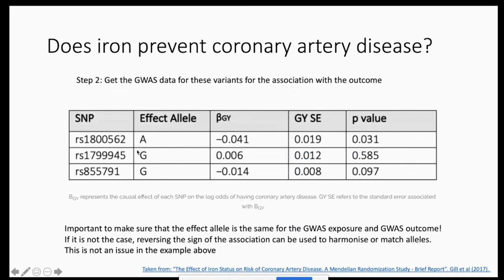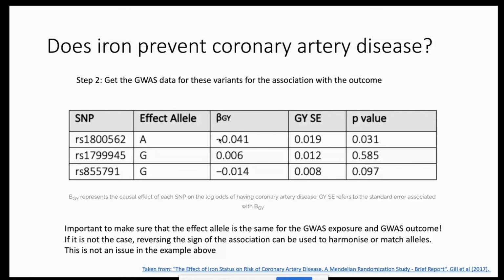It's important to note that the effect allele for the outcome and the exposure has to be matched. So we have to harmonize them. If this is different, we have to adjust the signs of the association to match the alleles.